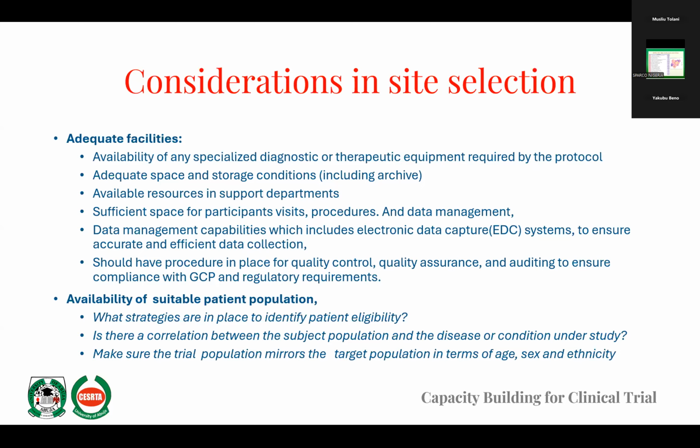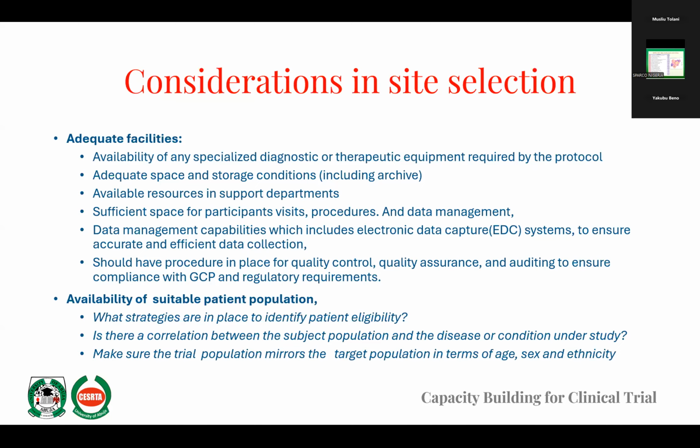Other support departments need to have adequate resources. You talk of the data room, data entry room, even the consent room, all other supporting departments. The lab should be very well equipped for that study. Sufficient space for participants' visits, procedures, and data management. All these things must be in place to qualify a site to be a better site for clinical trials.